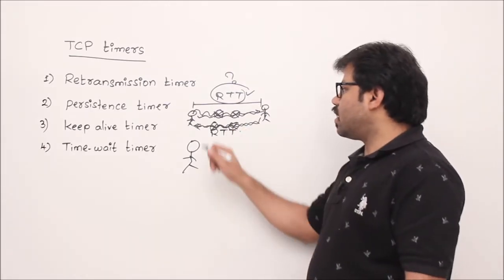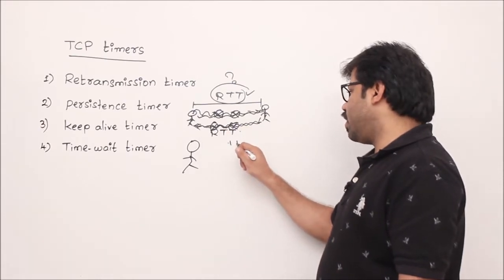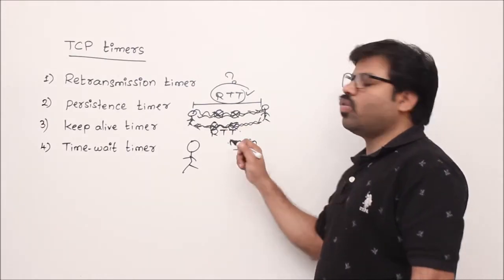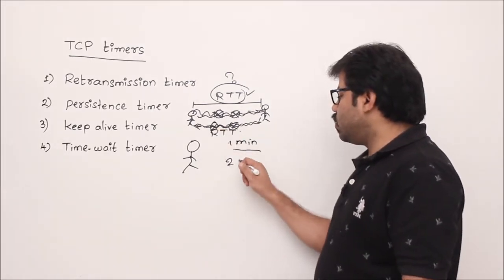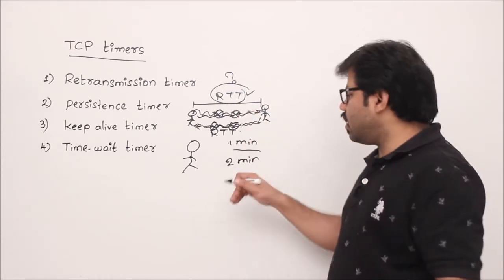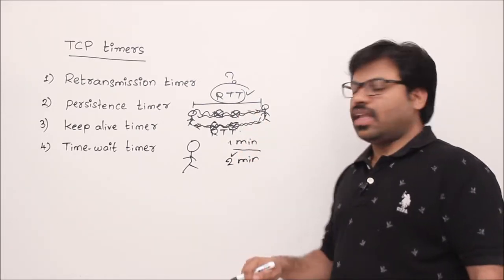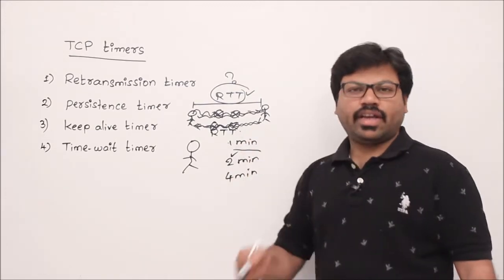Example, first of all, let's say you send a packet and it comes back. If it comes after 1 minute, then you think that 1 minute is the round trip time. But after some time it may change to 2 minutes, because some routers may take a lot of time. Then you think there is a 2 minute delay. Then after that it will become 4 minutes because multiple routers take a lot of time.